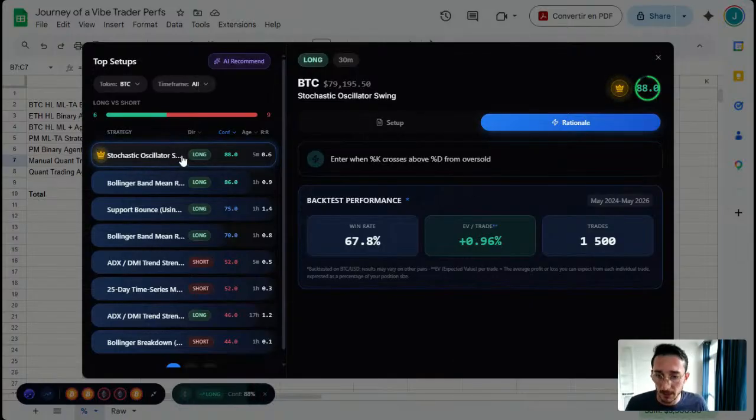This strategy has been tested on 1,500 trades in a 2-year period, on a 30 minute time frame. So I know it's a good trade setup. If I just enter it and forget about it, it has a 67% win rate. That's pretty good.